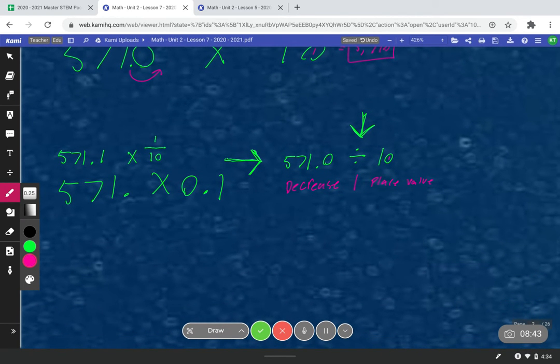So when I'm decreasing in place value, what would happen if I move the decimal of 571? Okay, so if I move my decimal point to the right, that would be 5,710. That is clearly bigger. That would be increasing. So when I'm decreasing my place value, I move the decimal to the left. And that is going to give me 57 and 1/10.